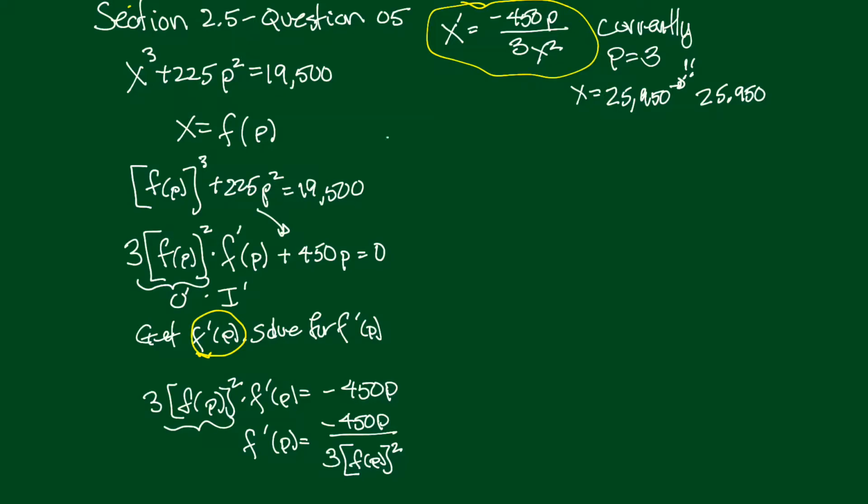So let's evaluate. So we're going to get x prime is equal to negative 450 times 3 over 3 times 25.95 squared. So my calculator is showing me that x prime is equal to negative 0.222749 dot dot dot.